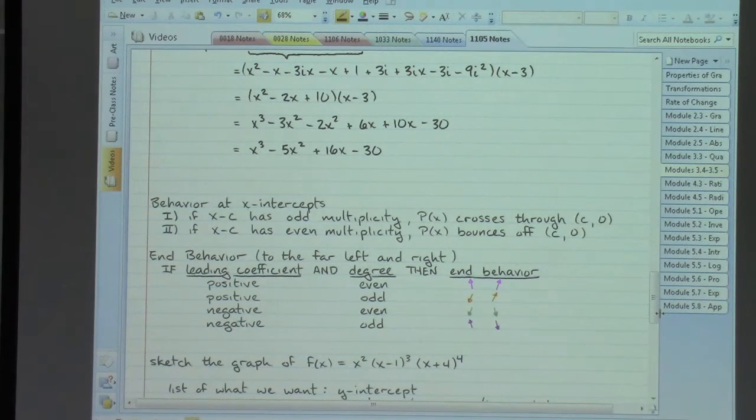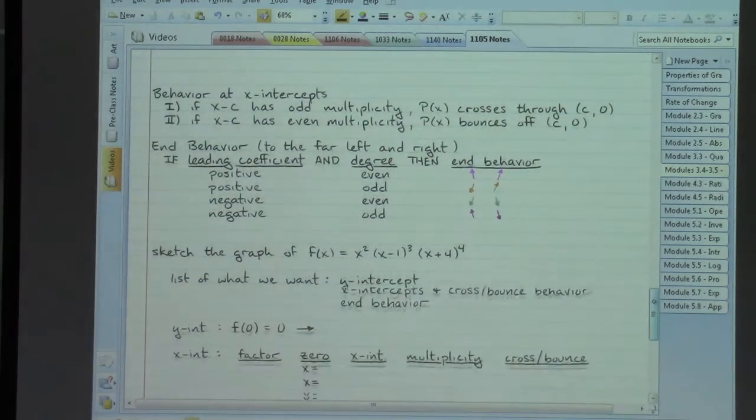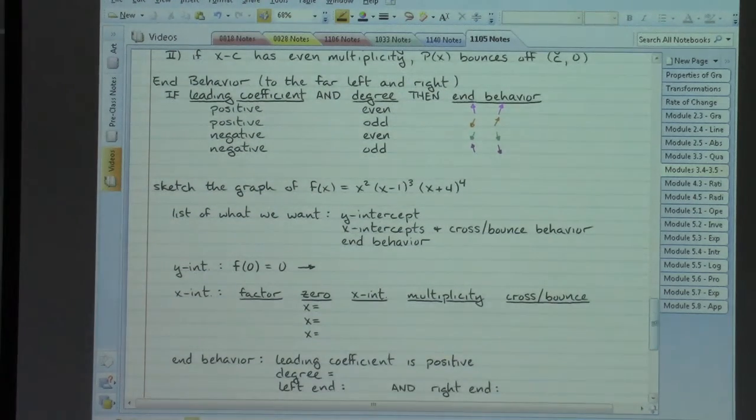So now let's bring this new stuff in and kind of wrap it up with some of our other stuff by saying, let's sketch the graph of our function f of x equals x squared, parentheses x minus 1, parentheses cubed, parentheses x plus 4, parentheses power of 4.